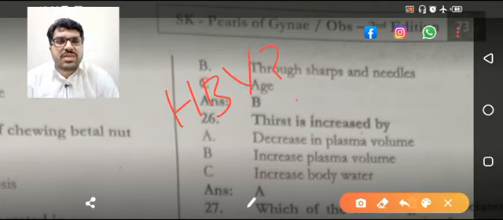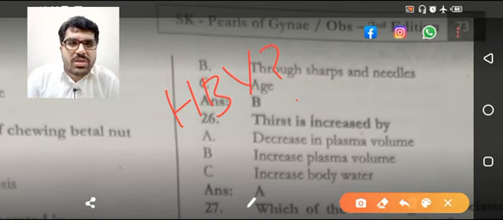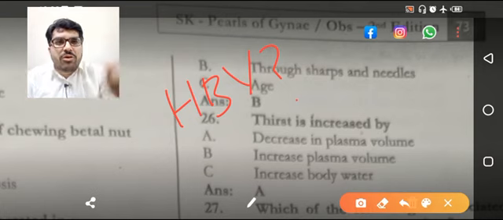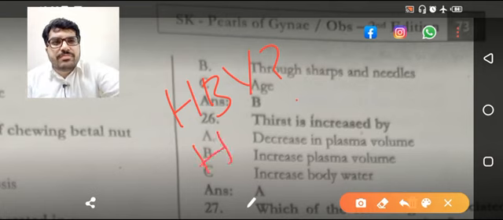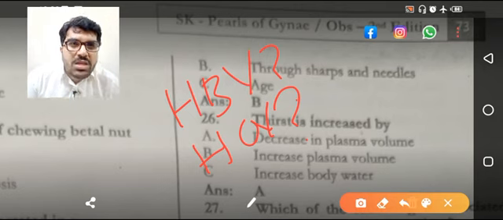Hepatitis B virus: the answer is perinatal, from mother to offspring. And for HCV, that is IV drug abusers. So the answer over here is B, through sharp needles. That is the right answer.